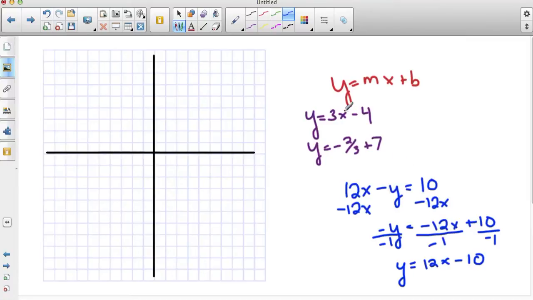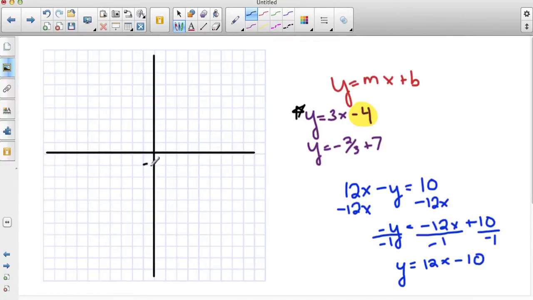Slope-intercept is real easy to graph. I'm going to do this equation right here and get this one graphed. First thing you're going to want to do is start with your y-intercept. I guess I should label my graph. I'm just going to go by ones.